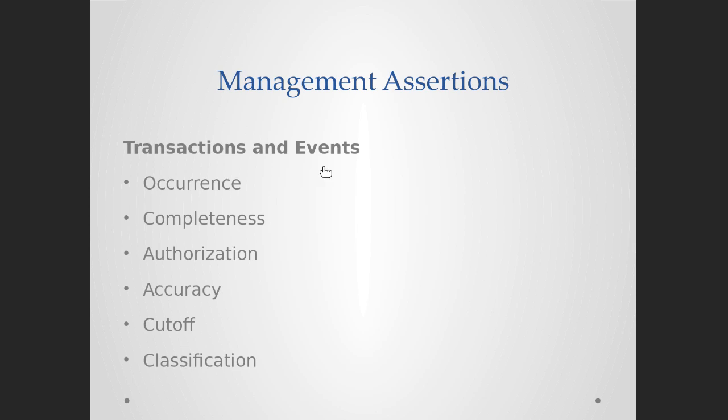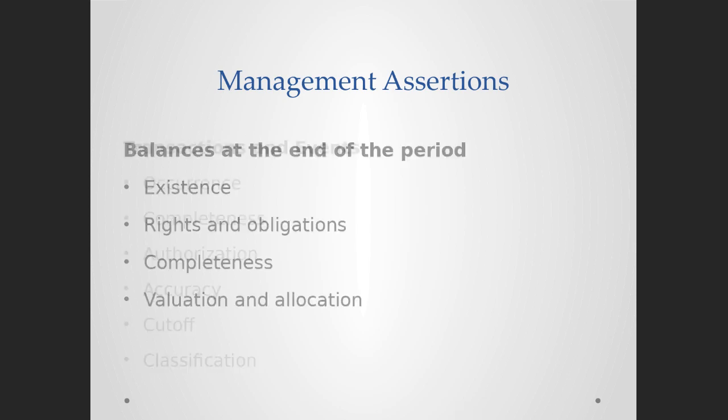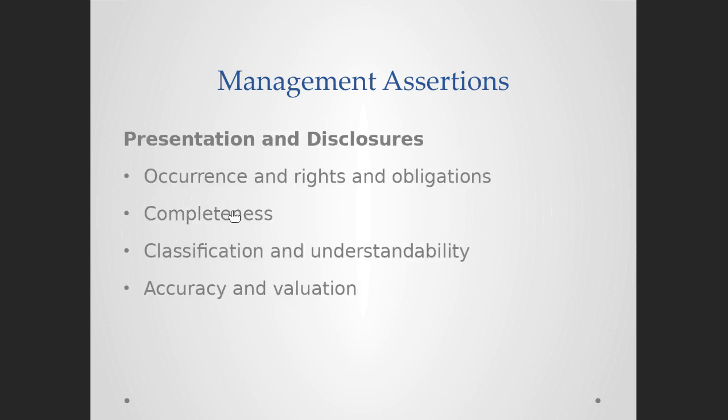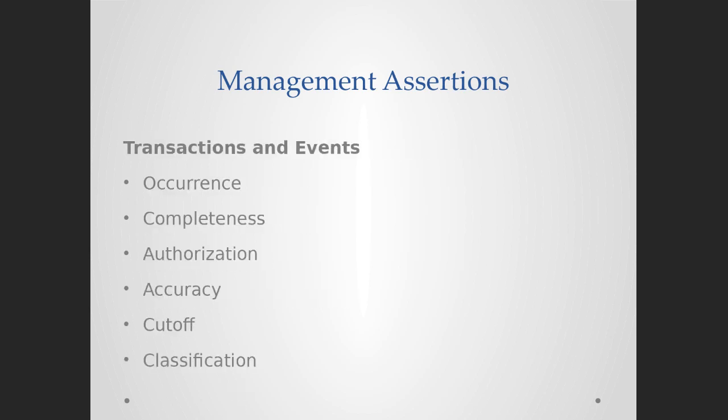The first category is transactions and events. The second category is balances at the end of the period. And the third category is presentation and disclosures. We're going to talk about the first two items under transactions and events.